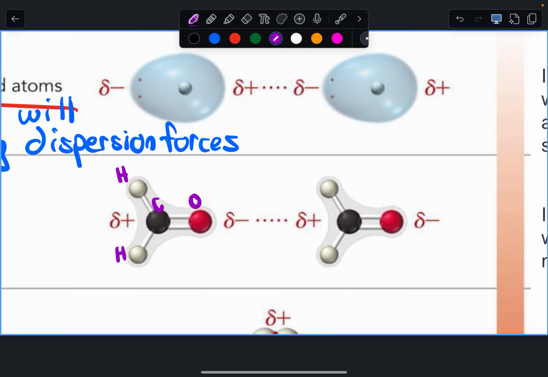So when that happens, you create these partial charges. The partial negative is on the oxygen, the partial positive is on the carbon because it's less electronegative. Those are what we would call permanent dipoles, or permanent partial charges. I'm going to use the word dipole more because that's what the book uses. When I say dipole, I just mean that difference in charge, the partial charge that exists. Permanent dipole.